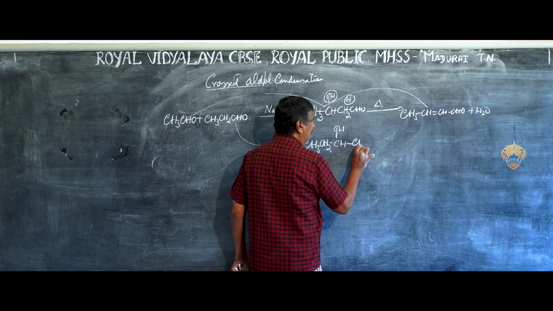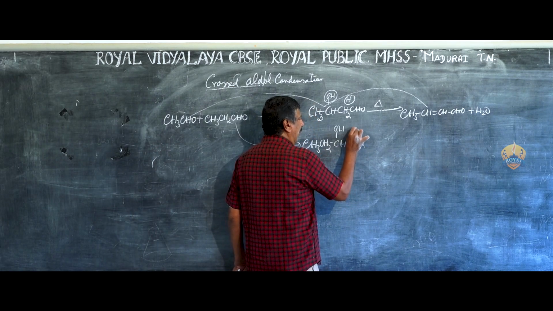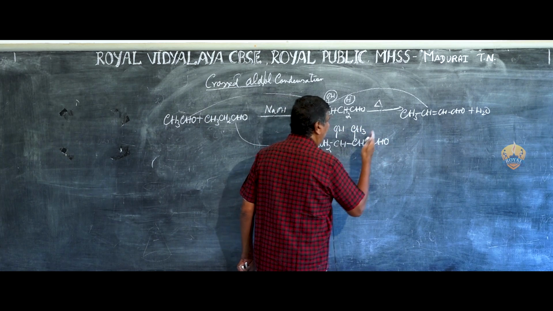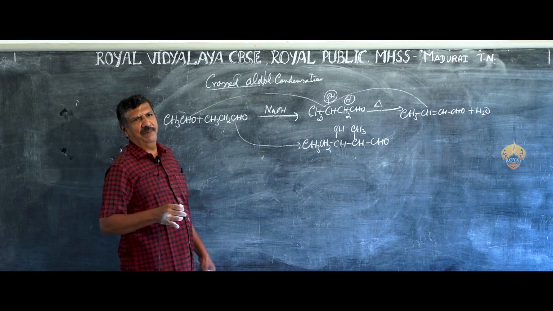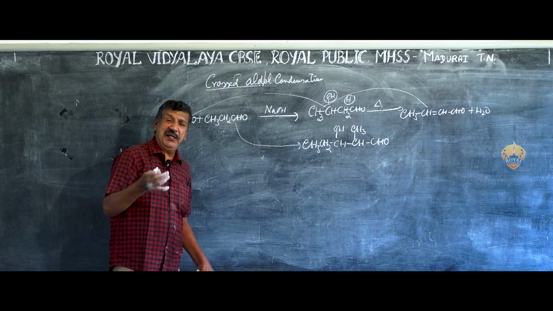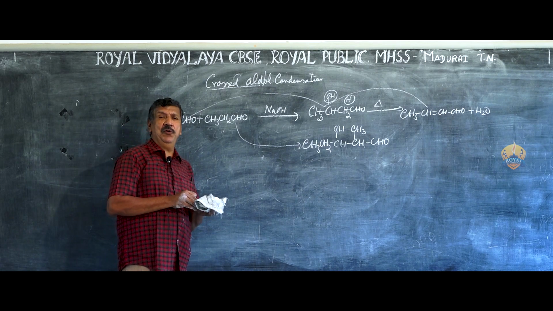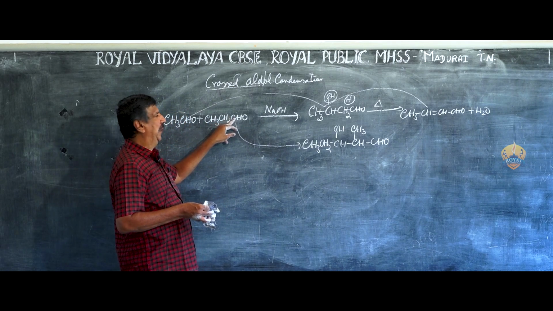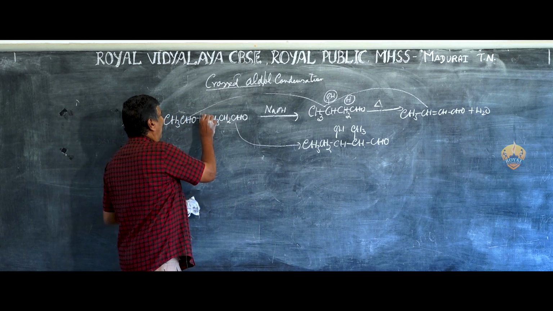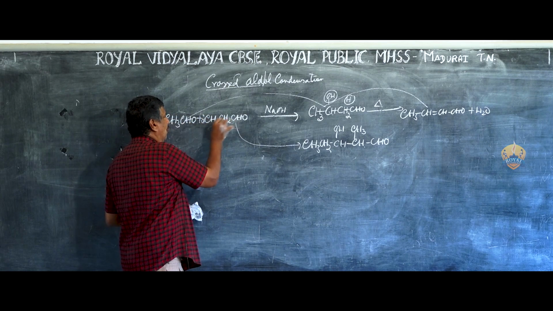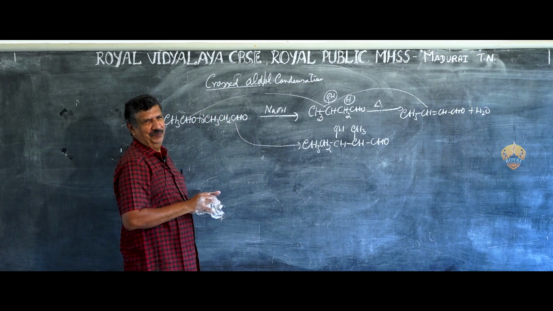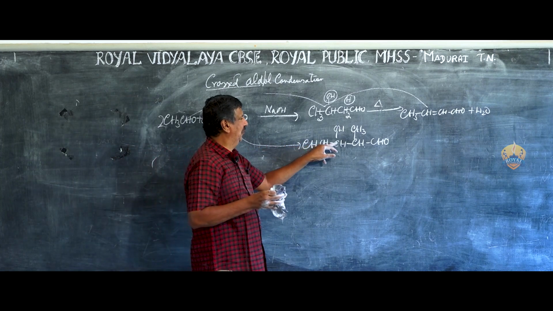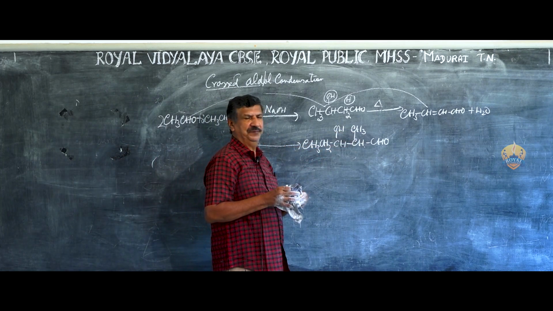Then instead of CH2, you write CHCH3. This is the aldol formed. You can check whether it's right or wrong. You see 1, 2, 3 carbon, but because of 2, totally 6. 3 into 2, 6. So 1, 2, 3, 4, 5, 6.